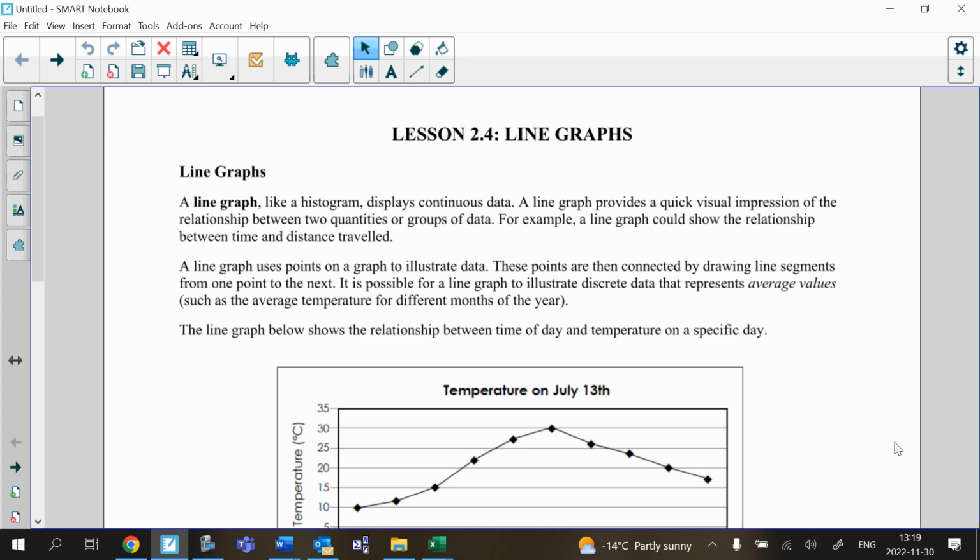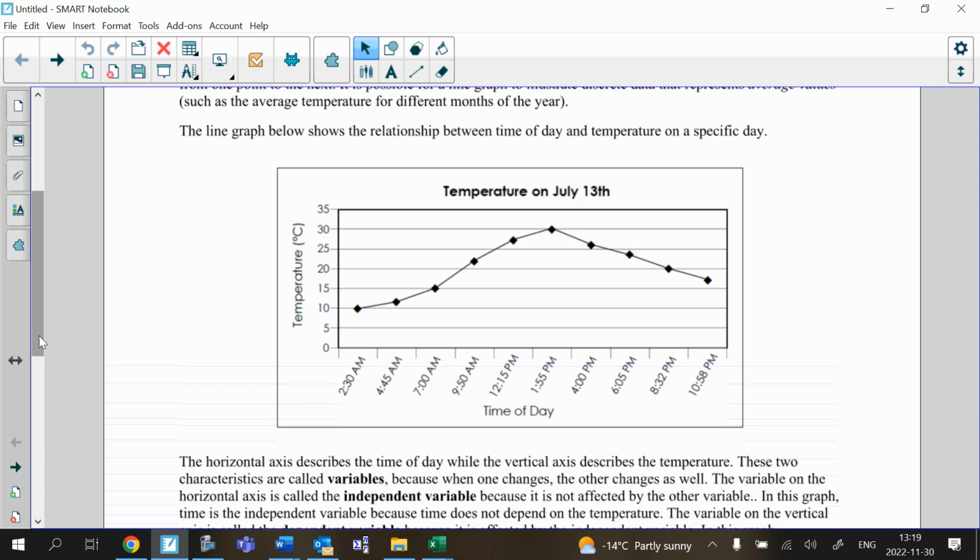Like if I said here, okay, so this is the temperature on July 13th. What's happening? Yeah, it starts off cool, reaches peak temperature around noon, a little after noon, maybe towards 1 o'clock, and then comes down cooler, not quite as cool as in the morning by nighttime.